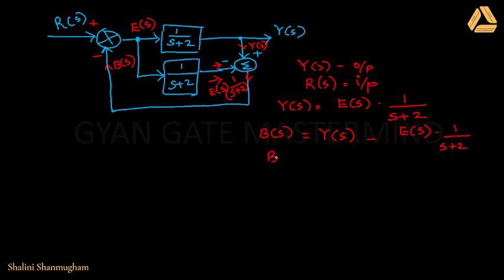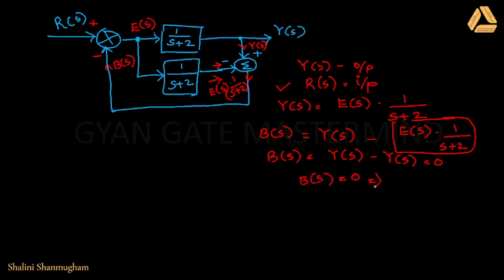So from this Y of s minus, this term is nothing but the Y of s itself. So Y of s minus Y of s gives you 0. It is said that the feedback is 0.